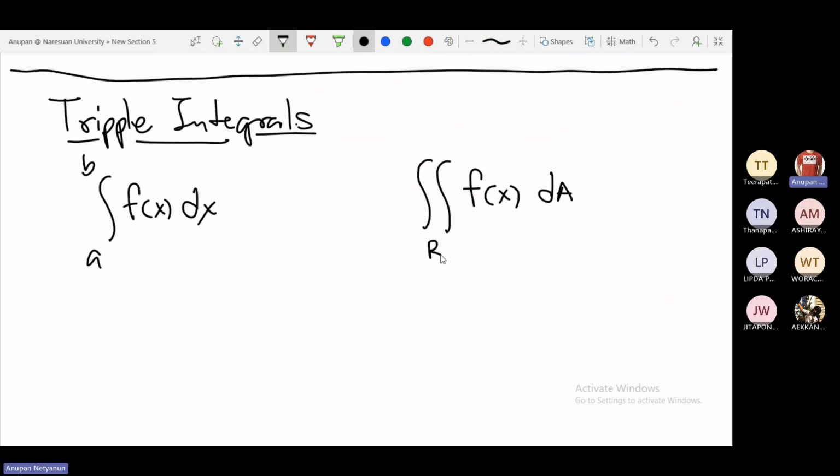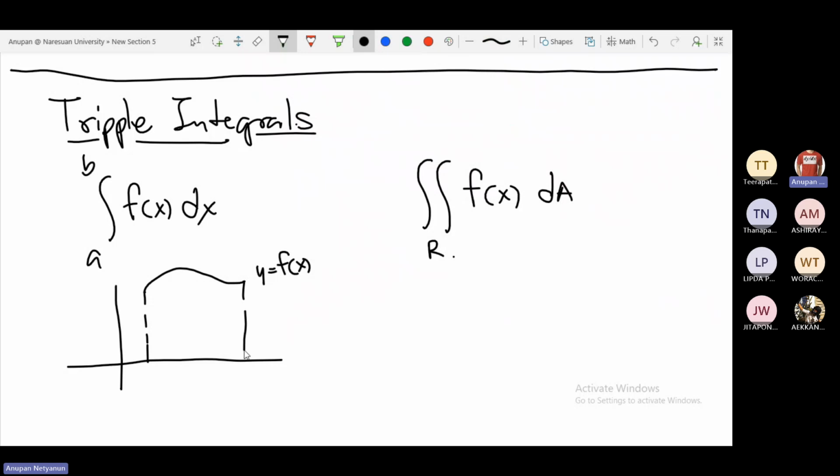Over region R, right? Now you can see that I have a function y equal to f(x), which is one variable.